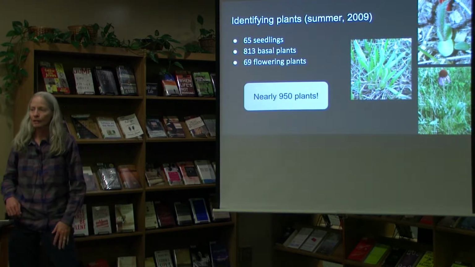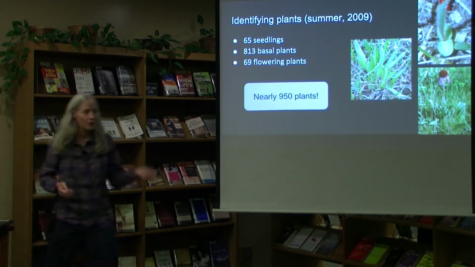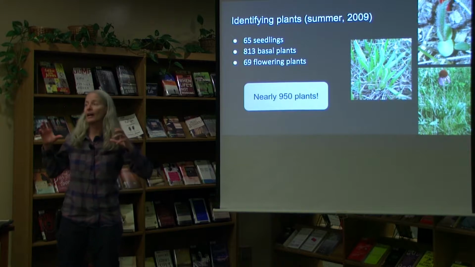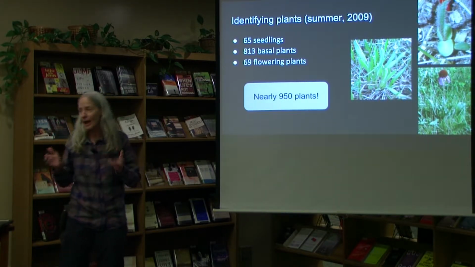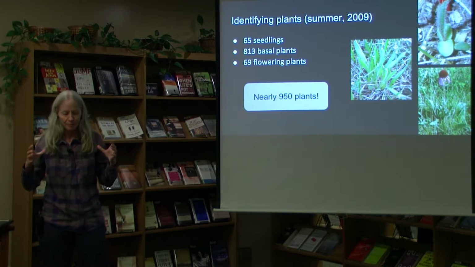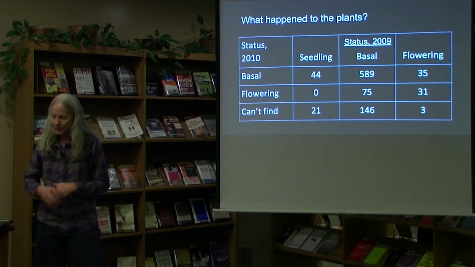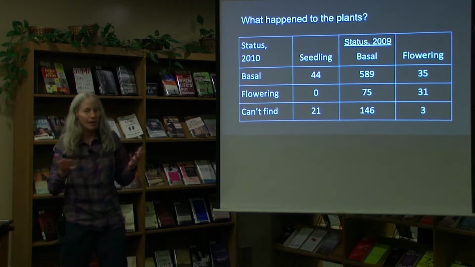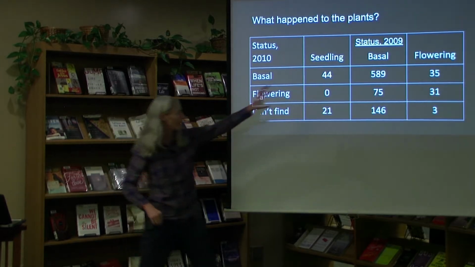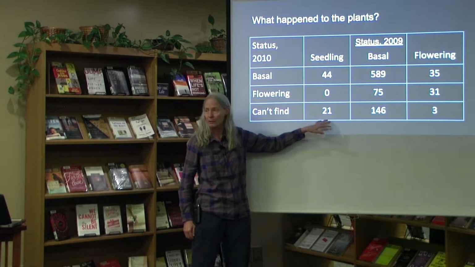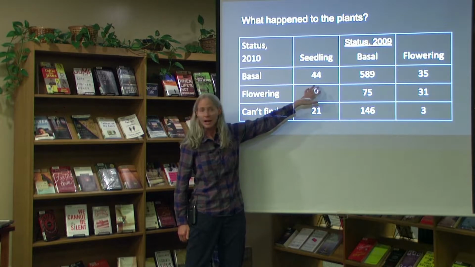But I found about 950 plants in the summer of 2009, and then I carefully marked where they were using highly accurate GPS and paper maps, and went back and found them in 2010. This table shows the fate of those plants. Out of the 65 seedlings that we identified, about 44 of them survived.